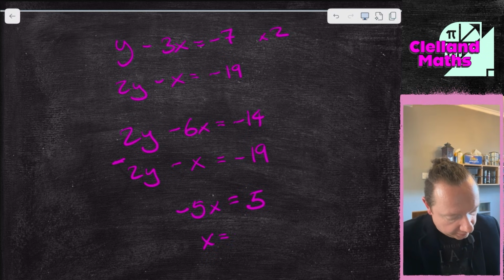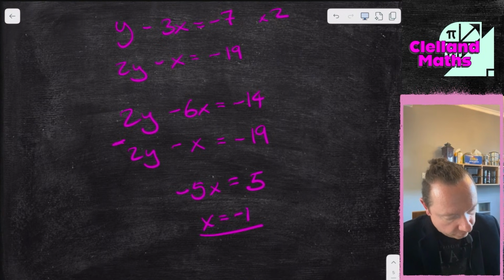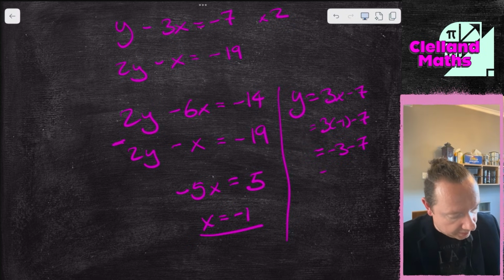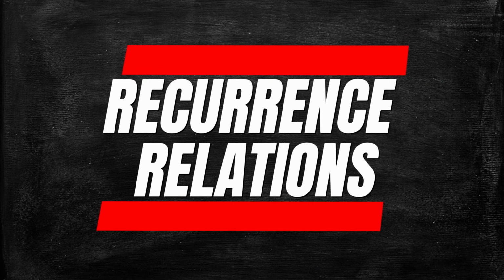So therefore x is minus 1, and then we just sub into one of our equations, y equals 3x minus 7. So that's just 3 times minus 1 minus 7, minus 3 minus 7 is minus 10. Our point of intersection is (minus 1, minus 10), and we're done there.